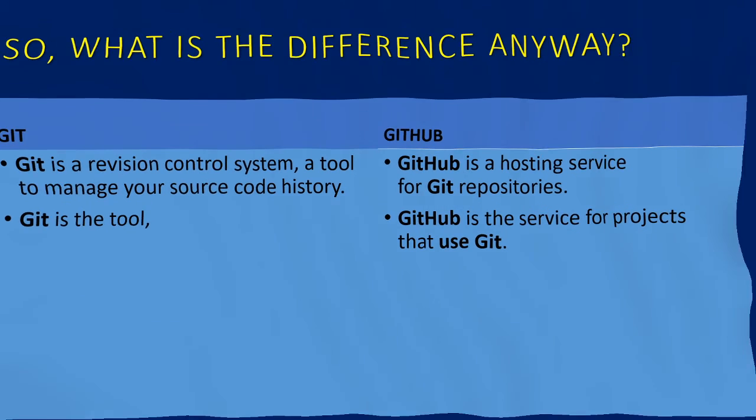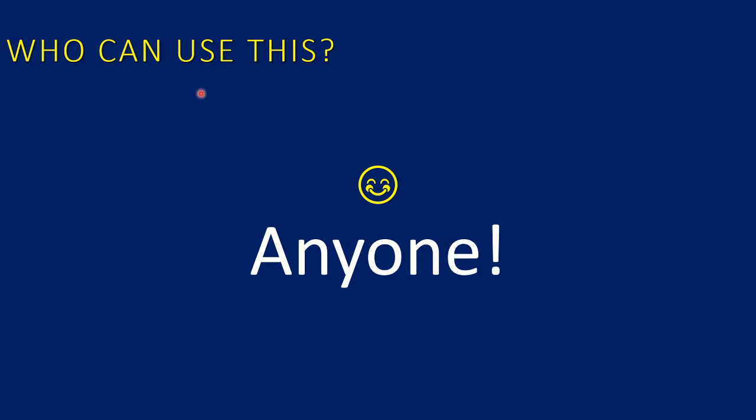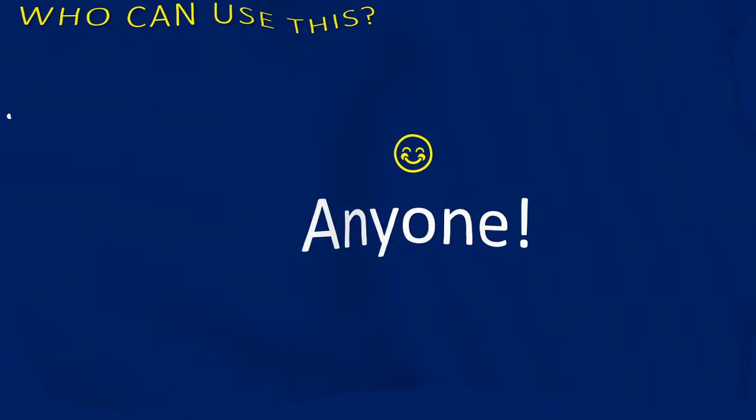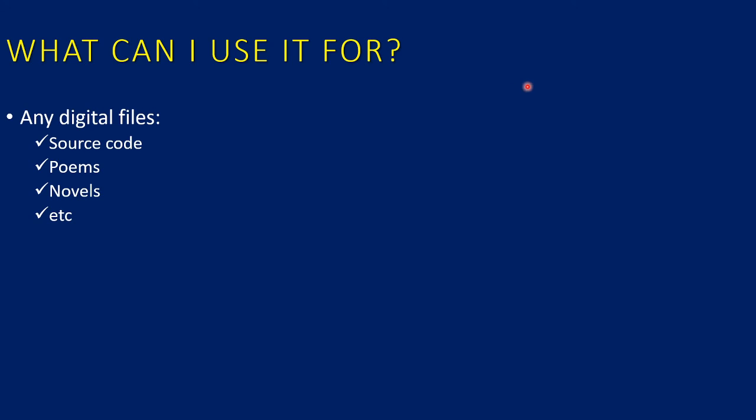This is clear, right? Who can use Git and GitHub? The simple answer is that anyone can use Git and GitHub. Literally, anyone. Then what can I use it for?